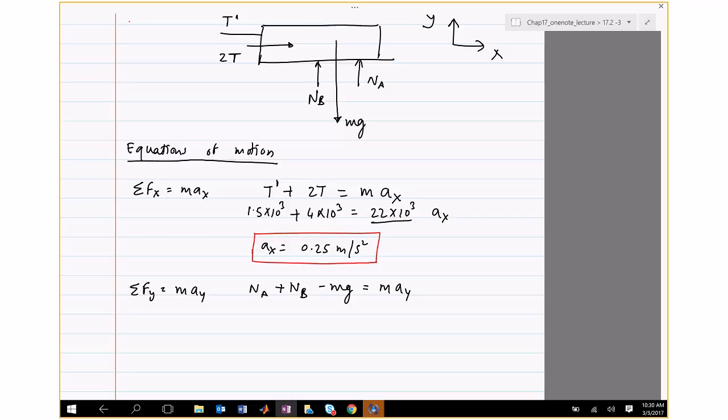It's not taken off yet, so the acceleration in y is 0. This is 0 because it's still on the ground. So NA plus NB equals mass, which the book says is 22 times 10 raised to 3, the way they've given it in the question, times 9.81.